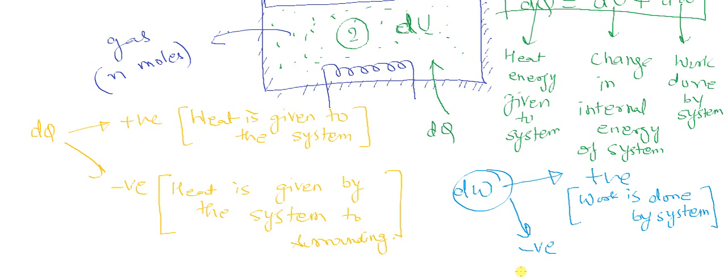When the piston moves up or down, that means some kind of work is done by the gas. And when we say it is negative, that means work is done by surrounding on the system.